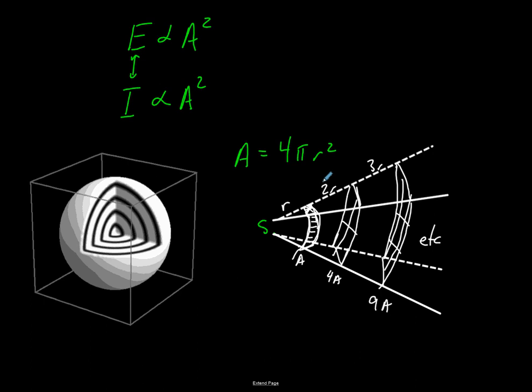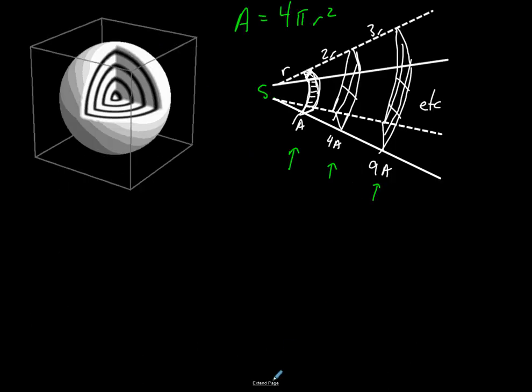So you can see that the area is growing as the square of the distance away that we are. And you can also see that as you move away, the energy is spread over a larger and larger area. Because of that, you have the same energy, but divided by a larger and larger value.